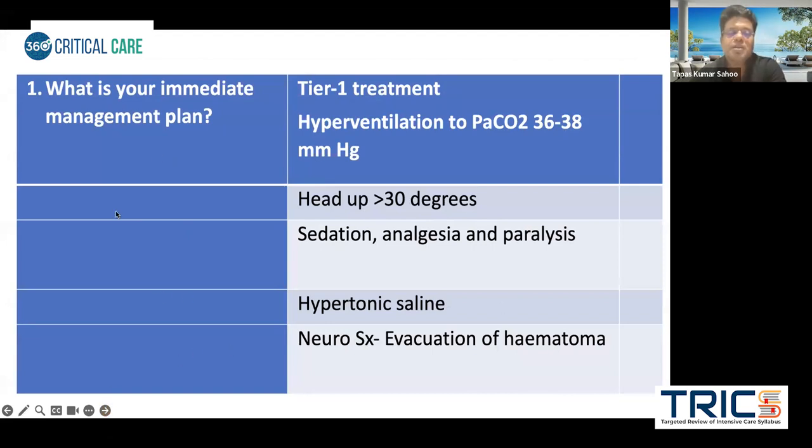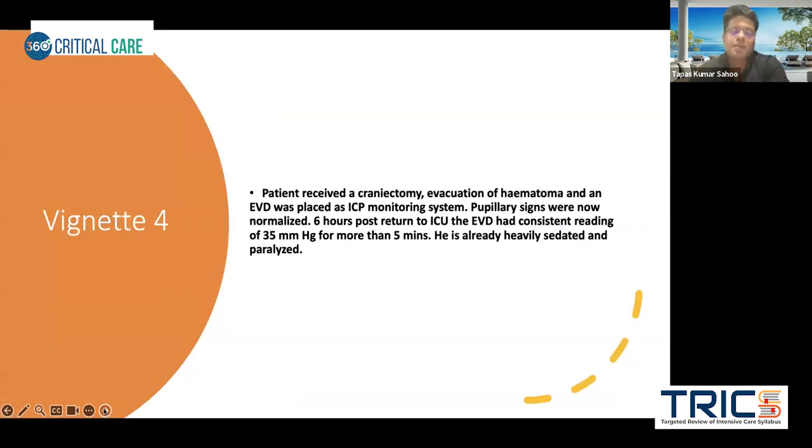So if the clinical case Vignette is not given, you have to inform that the neurosurgeons have been informed, and if you are missing this important point, you will lose crucial points here. You have to remember that surgical intervention at this point of time is also as important as the medical management. Now, case Vignette 4: the patient has received a craniectomy, evacuation of hematoma.